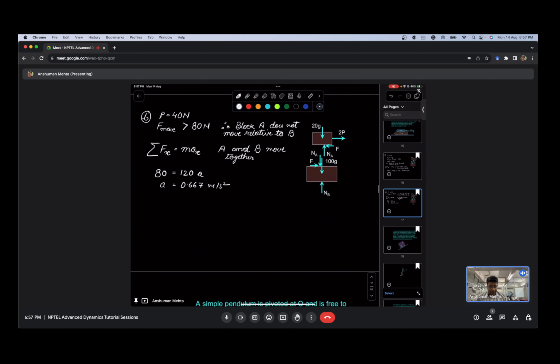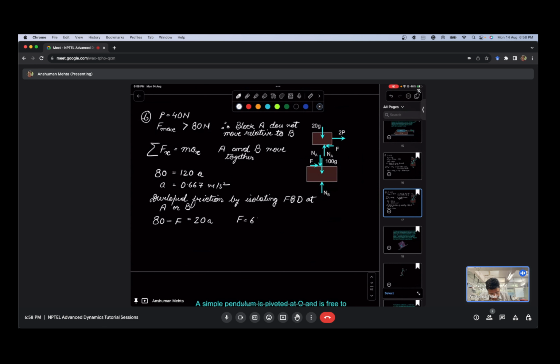Now you can find the developed friction by isolating the FBDs at A or B. So which comes out to be 80 minus F is equal to 20A.